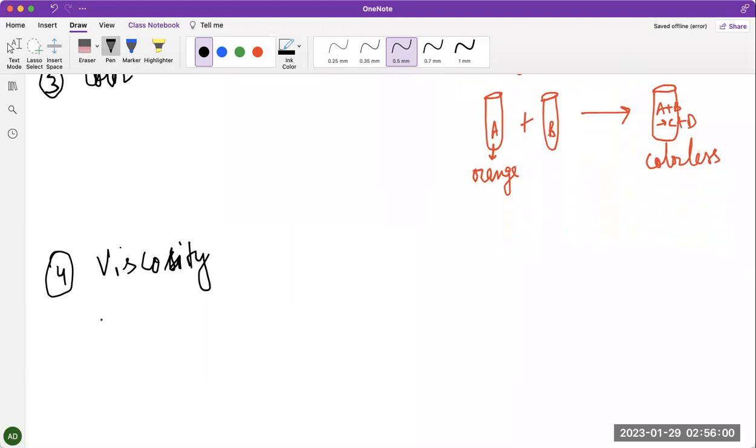So you can compare water to maple syrup or honey, and we know maple syrup and honey flow very slowly, and we say that they're more viscous. So that is again just a physical property of something.